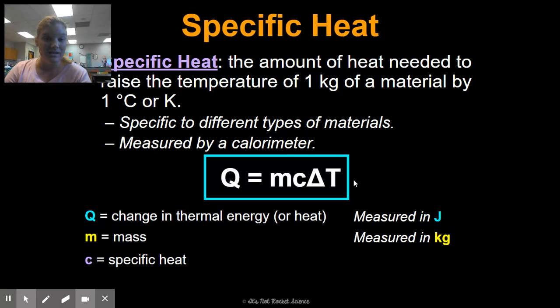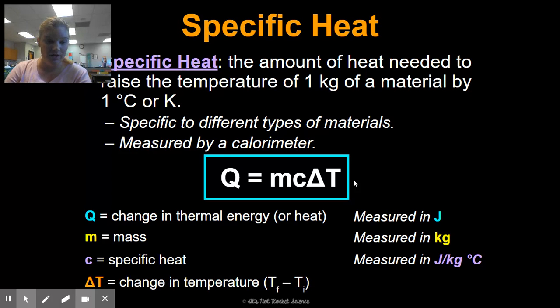C is our specific heat, and this is measured in joules per kilogram degree Celsius. And you only really need to know that because we need to make sure we're using joules and kilograms and degrees Celsius everywhere else. And then the triangle, delta, is just the change in temperature.